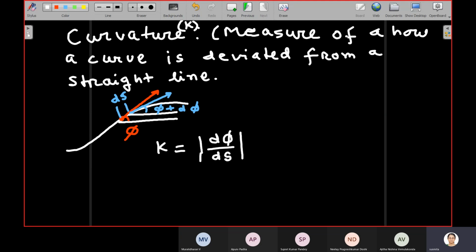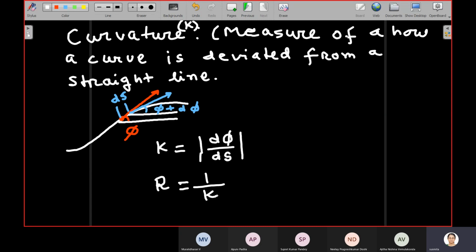When the curve is actually a straight line, d phi would be 0, right? And curvature is 0. The radius of curvature r is actually the reciprocal of k, right? So for a straight line, the radius of curvature is infinity, correct? So this is the basic definition of radius of curvature.